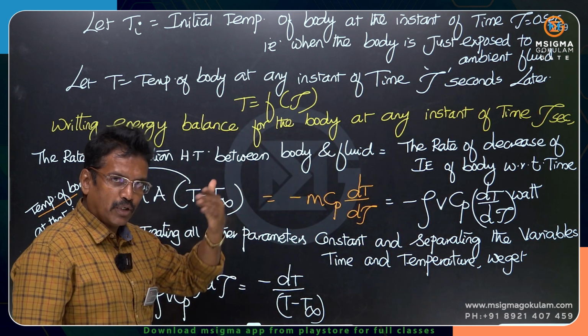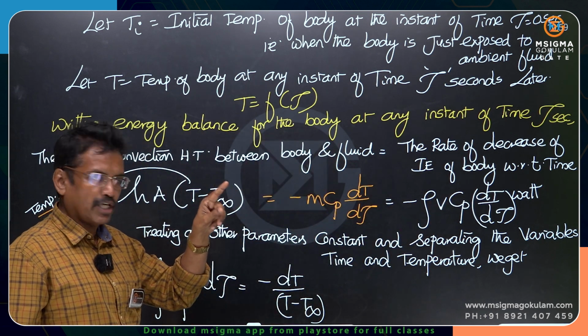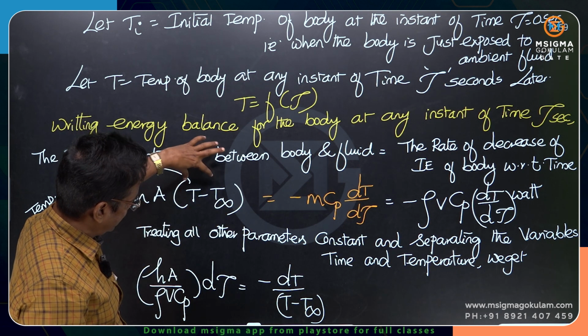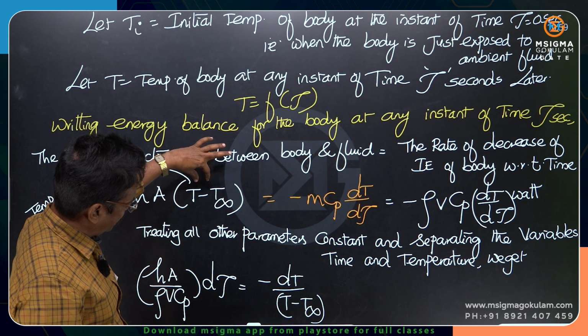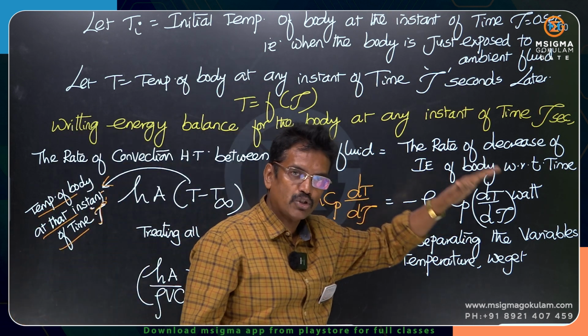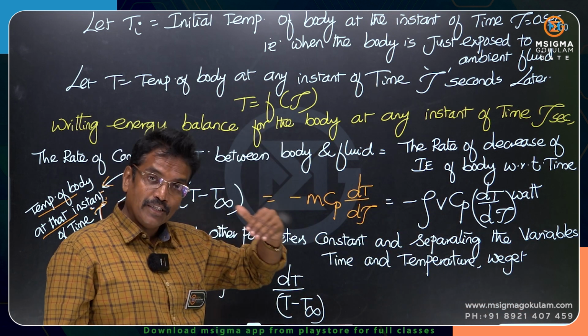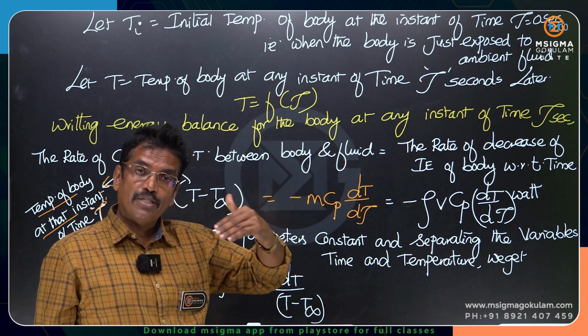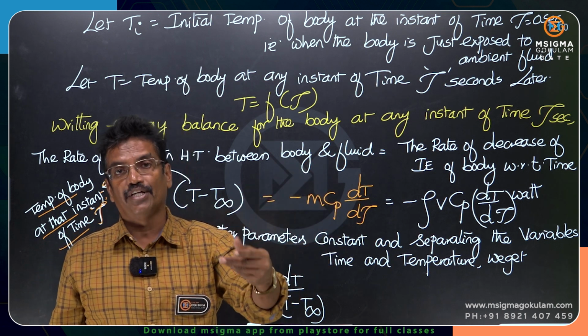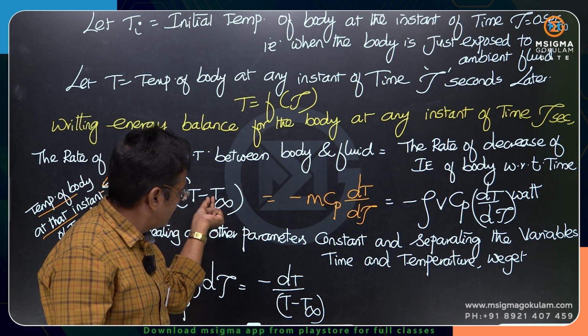But as the time progresses, as the stopwatch keeps on ticking, this is constant, but this is decreasing. As this difference keeps on decreasing, this dT by d tau also keeps on decreasing. When the body is almost reaching the temperature of the ambient fluid, this is very small.